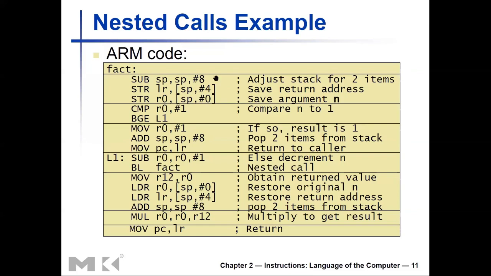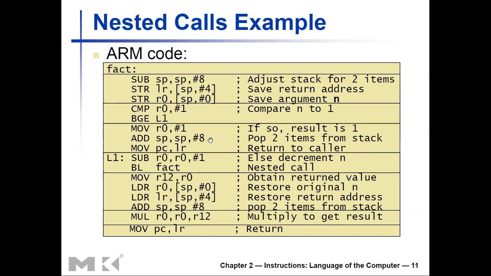So we allocate space in the stack and preserve these things. We don't check whether n is smaller or greater than 1 at the time we allocate the stack. So even if it is smaller than 1, you have to release the stack space, because that has already been allocated, even if it is in the if part.